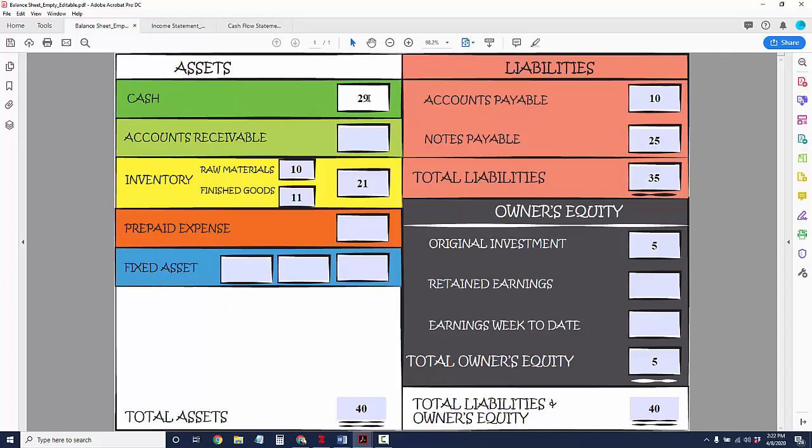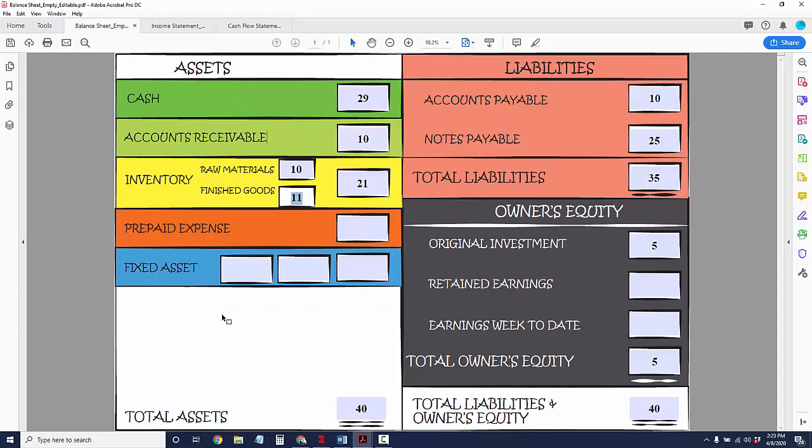And we sold another $10 worth of ice cream, but we have not received the cash for that yet. However, this is considered an asset because people owe you this money and it will go under accounts receivable. So you have $10 worth of accounts receivable of ice cream that you sold, but for which you have not yet received the cash.